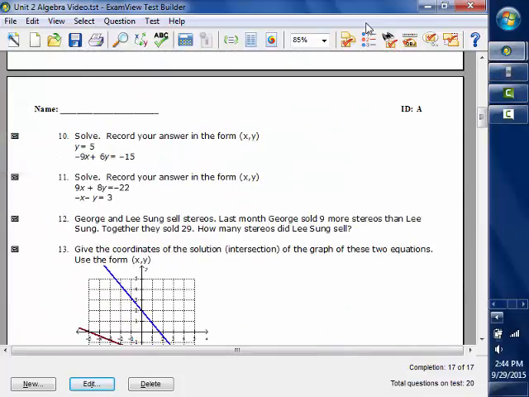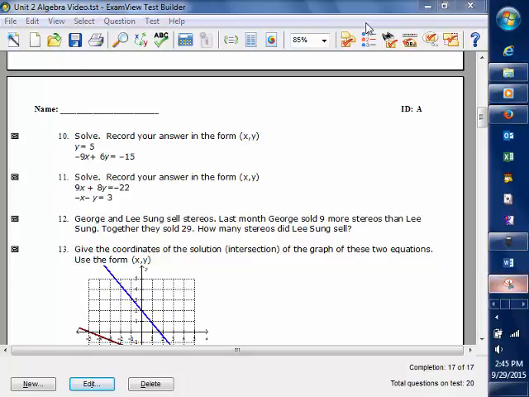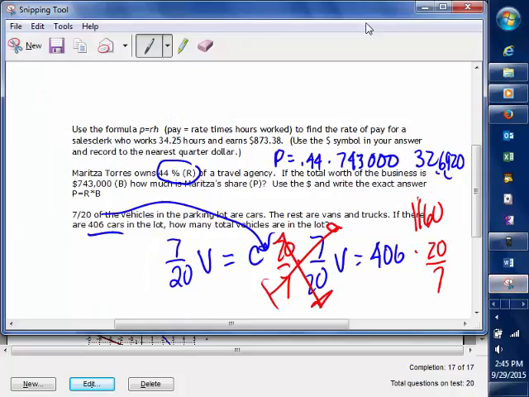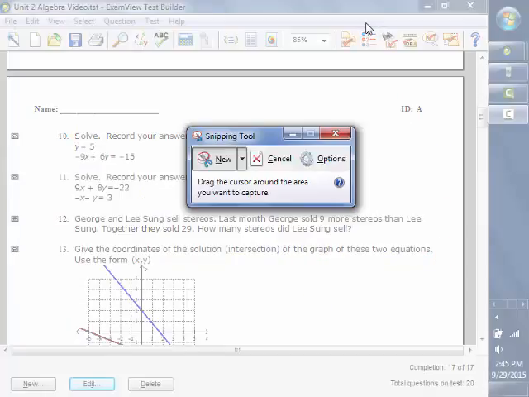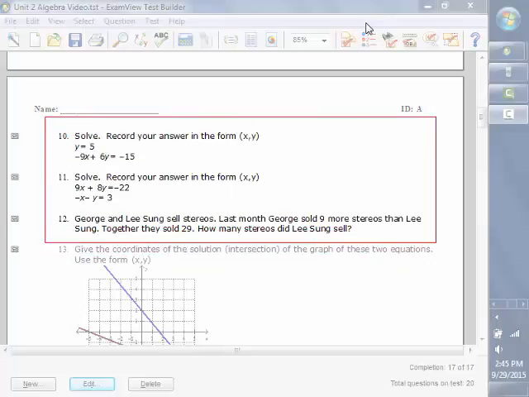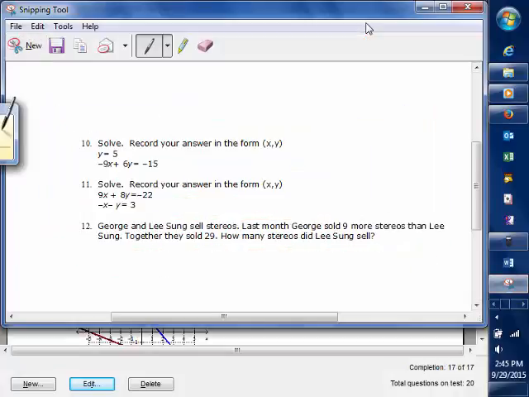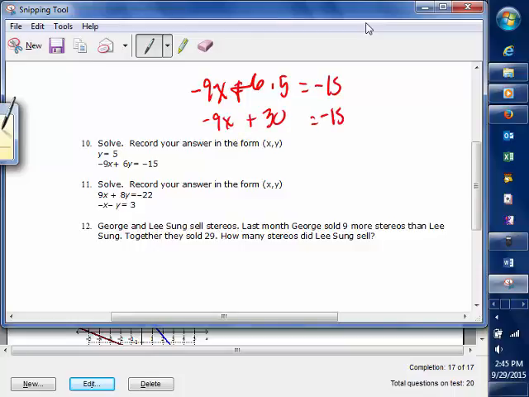Solve. This one's a good one to do with substitution. Okay, so instead of writing y, so we have negative 9x plus 6 times 5 equals negative 15. So negative 9x plus 30 is negative 15.